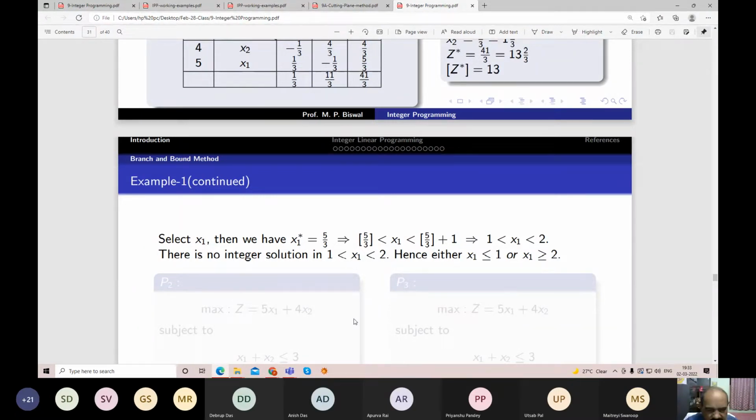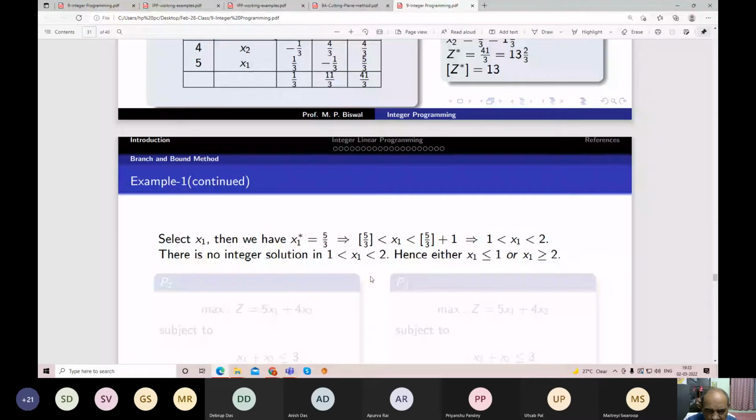x1 star equal to 5 by 3. So x1 is less than integral part of 5 by 3 plus 1 and greater than integral part of 5 by 3. This interval does not include any integral solution: there is no integral solution in this interval, x1 less than 2 and greater than 1.